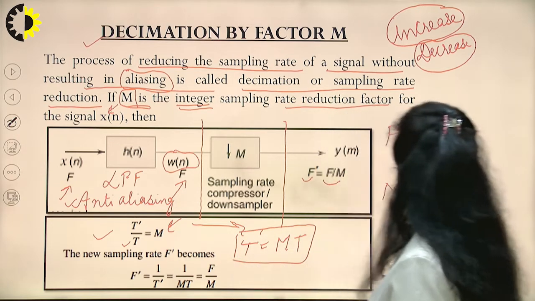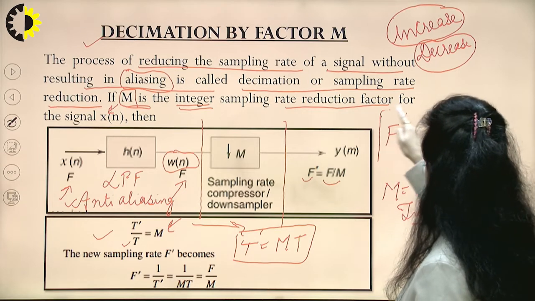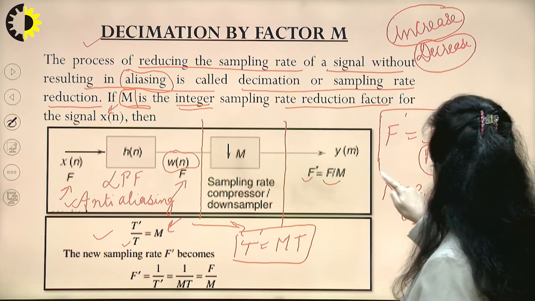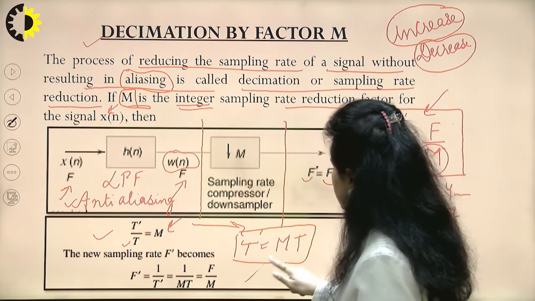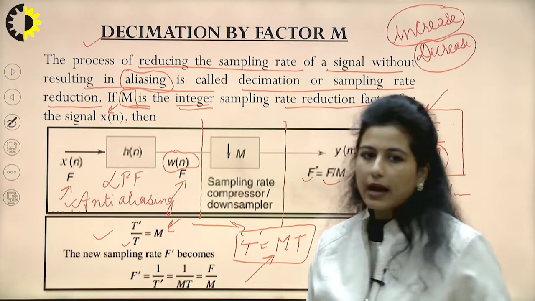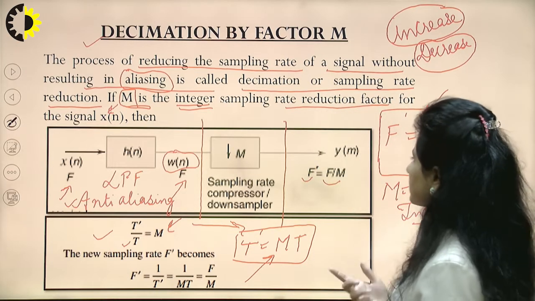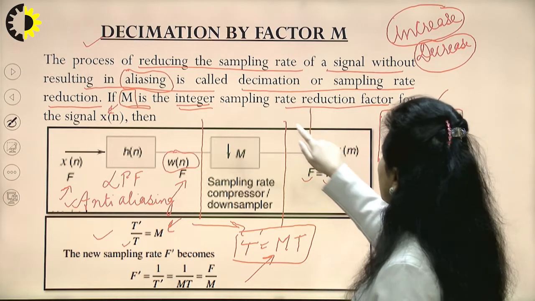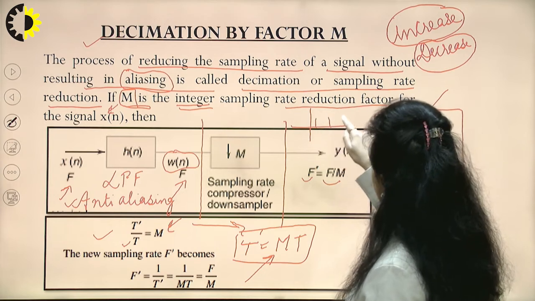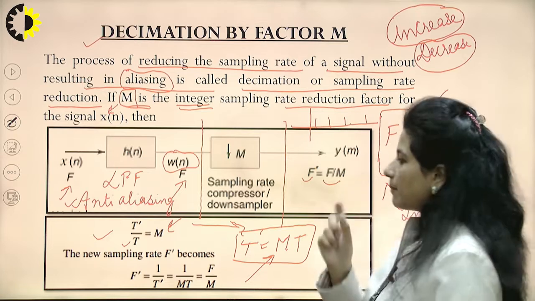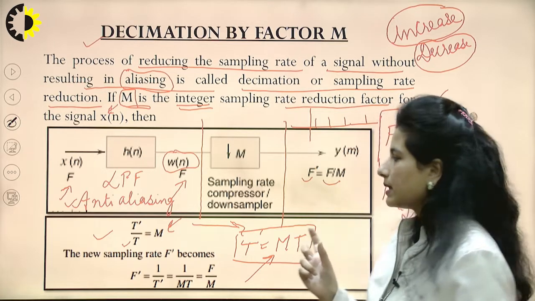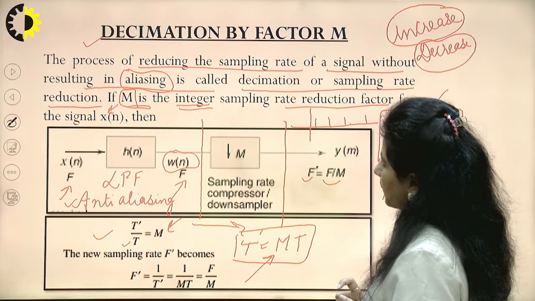Both of these represent the same expression, one in terms of frequency, another in terms of time. So what is going to happen? If I plot certain sample signals, these signals would be far away. The distance between these signals would increase, showing the sampling time has increased or the frequency has decreased.